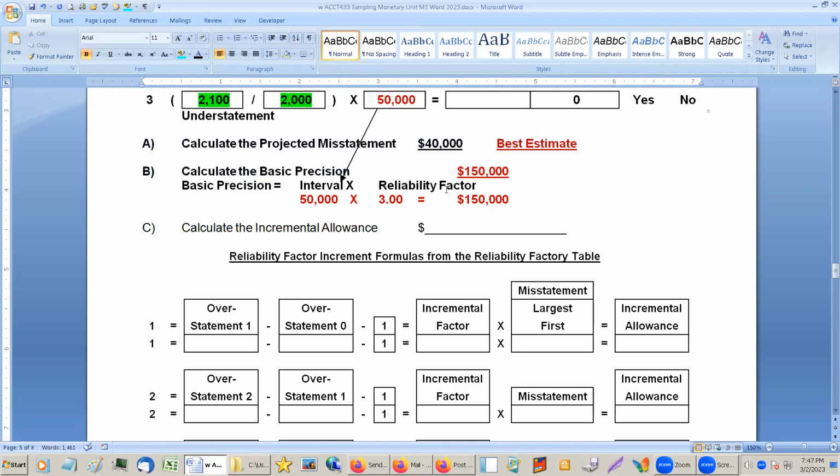There's all kinds of things I haven't told you. What is basic precision? Basic precision is if there were no misstatements, 0. If there's 0 misstatements, there's still a possibility this could be off because it's a sample. Let's say you did the whole sample and didn't find anything. It could still be off by some number.